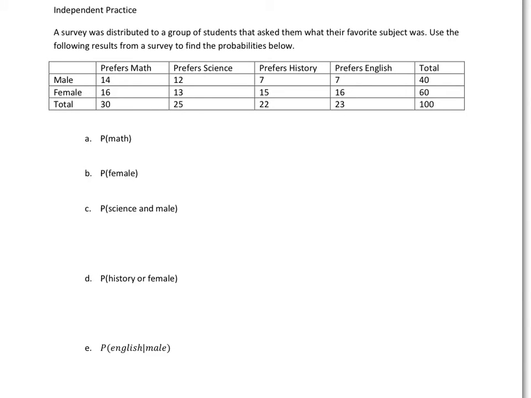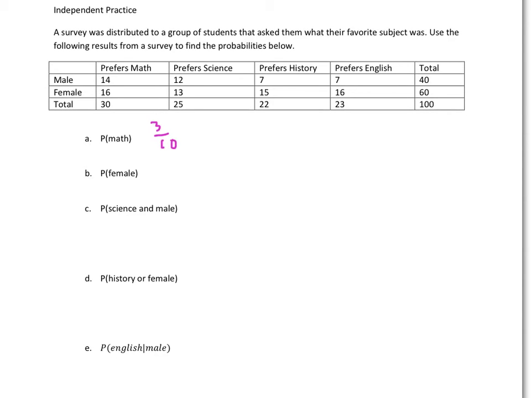A survey was distributed to a group of students that asked them what their favorite subject was. Use the following results from the survey to find the probabilities below. One is the probability of math, and there's 30 out of the 100 who like math, so that would reduce to 3/10.